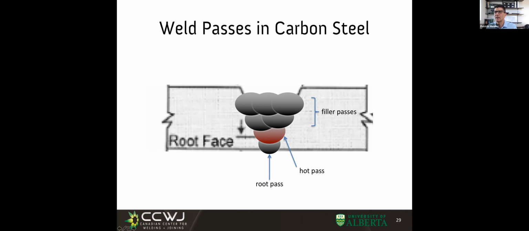These are the filler passes. And then you finish with what are called the cap passes. And when you do visual inspection of welding, this is what you see, the cap passes. So often the welder makes sure that this is a beautiful weld right here.